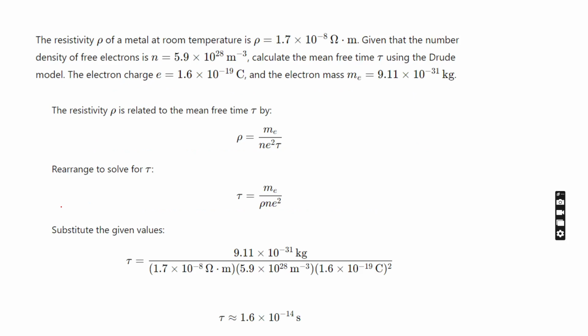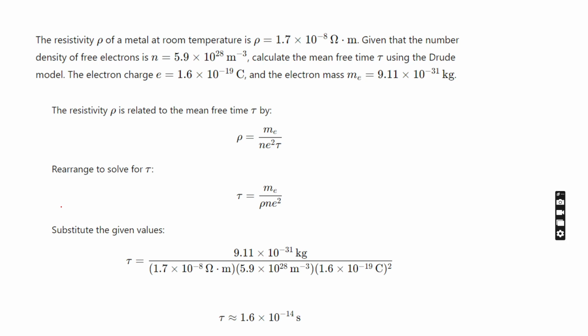Let us go to the other problem. The resistivity rho of a metal at room temperature is 1.7 × 10 to the power minus 8 ohm meter. Given the number density of free electrons n is equal to 5.9 × 10 to the power 28 per meter cube.